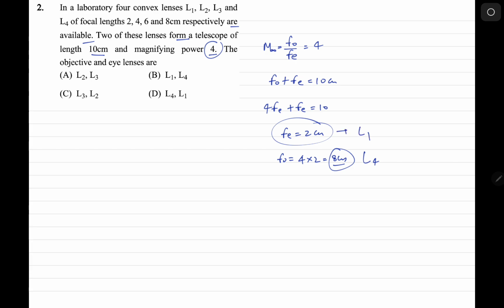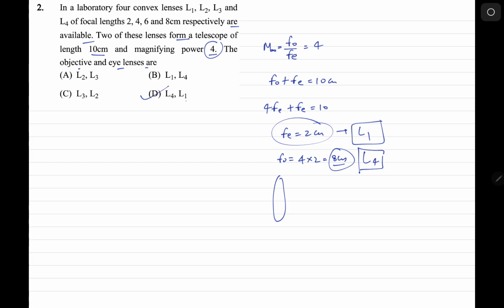In a telescope the objective lens should have more focal length than the eyepiece, so L4 will be our objective lens and L1 will be our eyepiece. So option D is correct again.